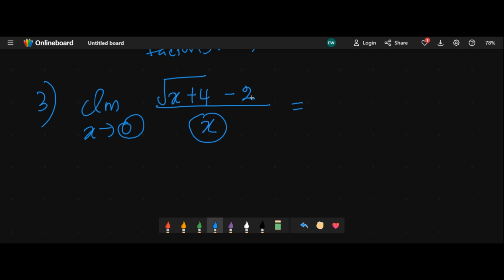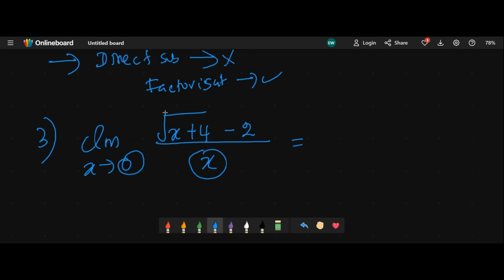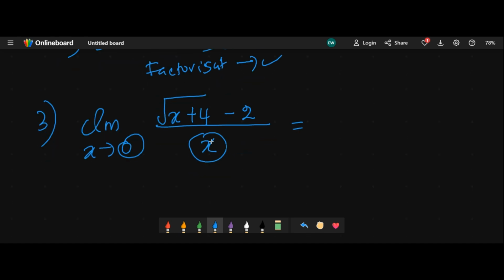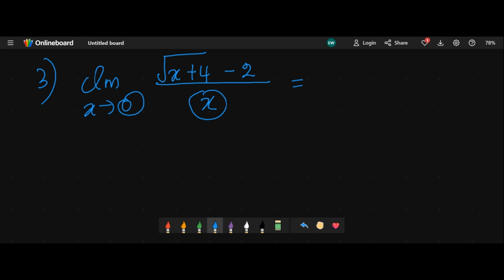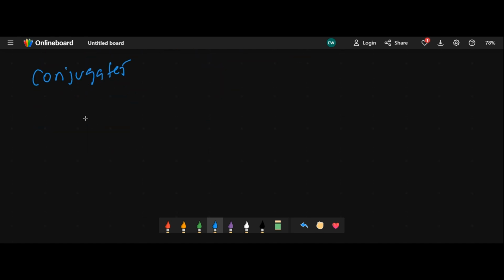So if you see this kind of square root expression, the idea is to multiply it by its conjugate. Conjugate is nothing difficult. We'll write the same question.